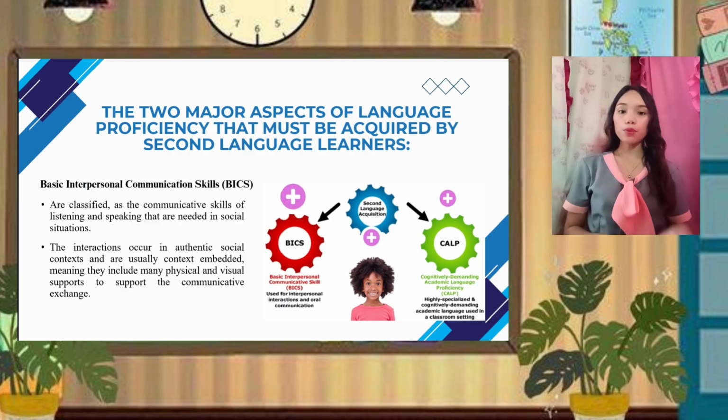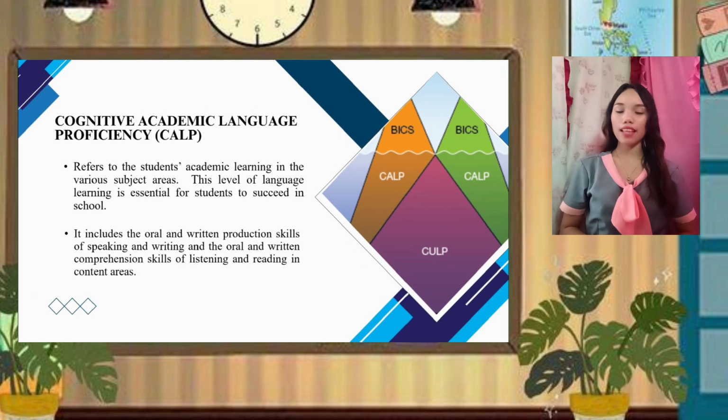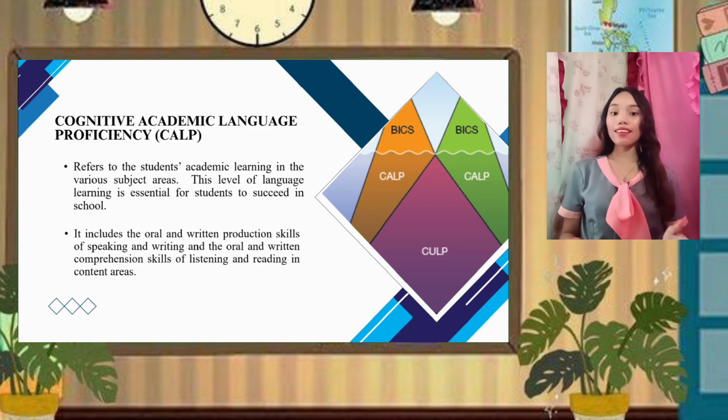Now, let us proceed to cognitive academic language proficiency. This refers to the student's academic learning in the various subject areas. This level of language learning is essential for students to succeed in school, and it includes the oral and written production skills of speaking and writing, and the oral and written comprehension skills of listening and reading in content areas.